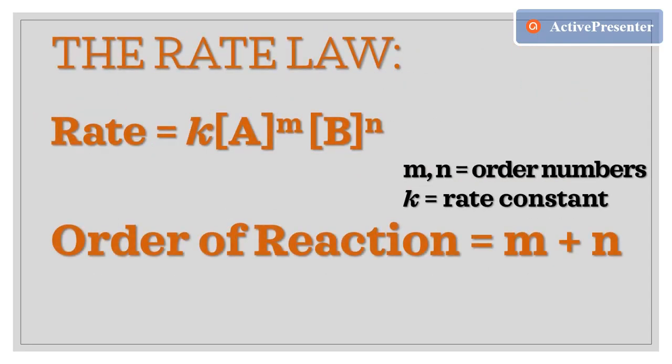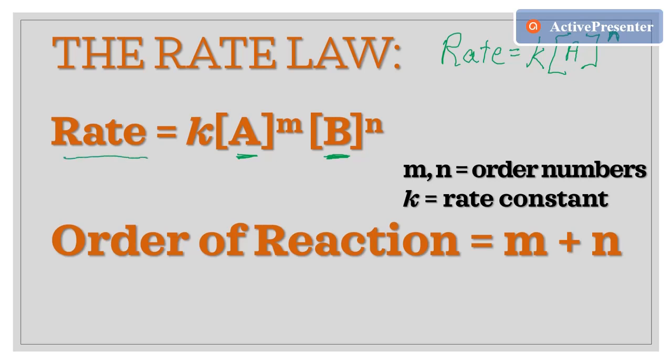Now remember the rate law. Before, we had rate equals that rate constant, that k, times the concentration of A to whatever order number is in that exponent. But now that we're dealing with more than one reactant, we're not just dealing with A, we're dealing with B too. So for the rate law, you just multiply the other reactant and its order exponent onto the formula.